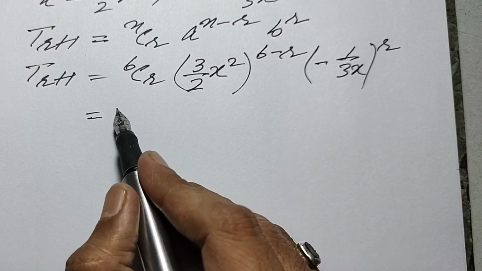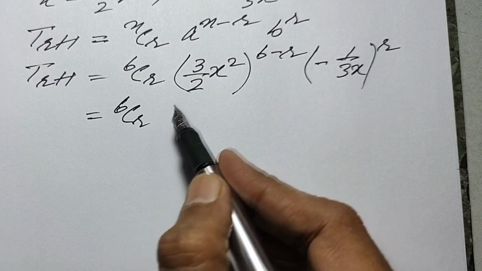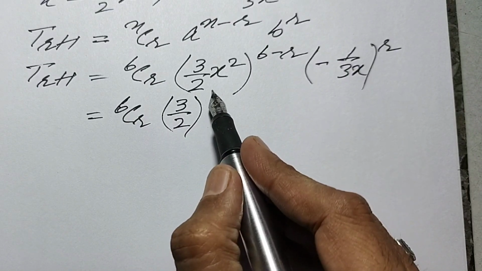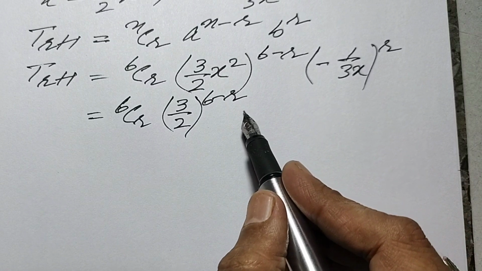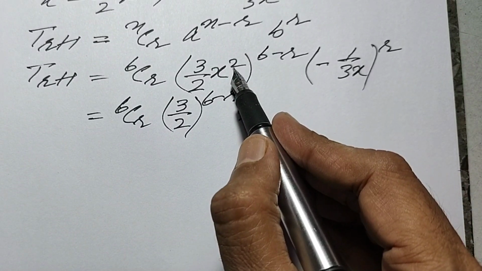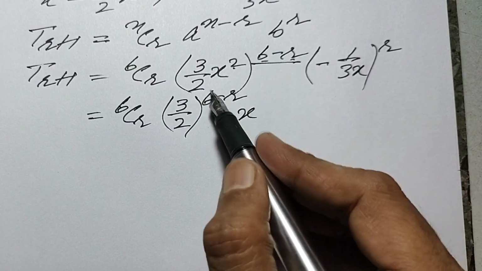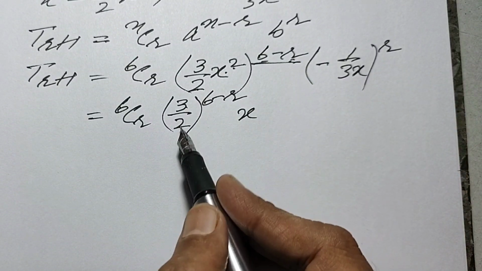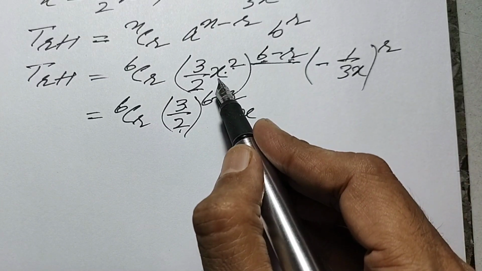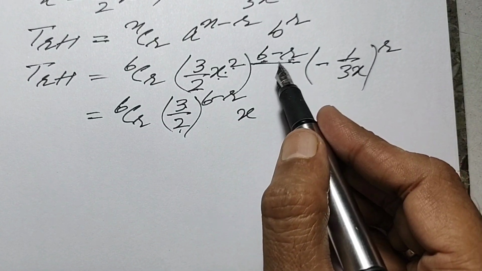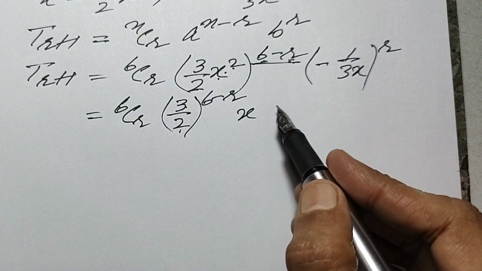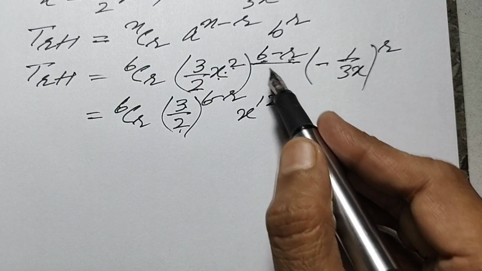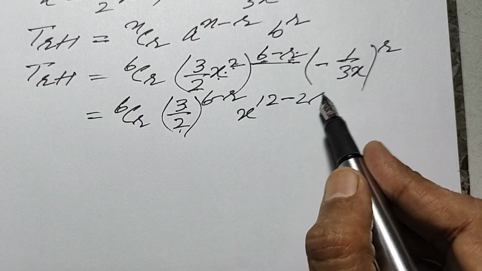Now simplifying this, we have 6Cr and here we have (3 upon 2) raised to the power 6 minus r and x raised to the power, this 2 will multiply 6 minus r when we open up this bracket. So this power will be implemented on 3 upon 2 and x square both. So 3 upon 2 will have only 6 minus r, and if we take this 6 minus r exponent of x square, both the exponents will be multiplied together and we have x raised to the power 2 into 6, which is 12, minus 2r.